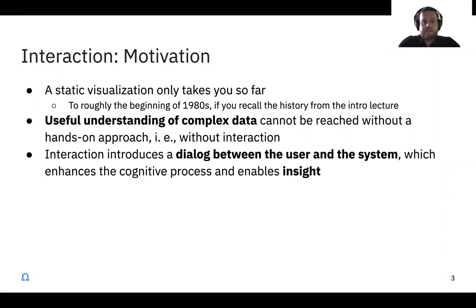And it's the common understanding that to truly usefully understand complex data, you cannot do it without interaction or without a hands-on approach, because it helps if the user can play with the data themselves at their own pace. And interaction introduces exactly this dialogue between the user and the system, and it greatly enhances the cognitive process and also enables insight.